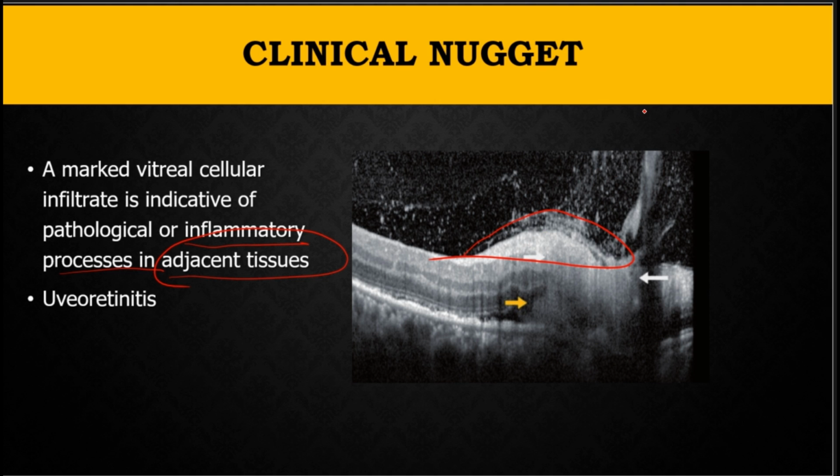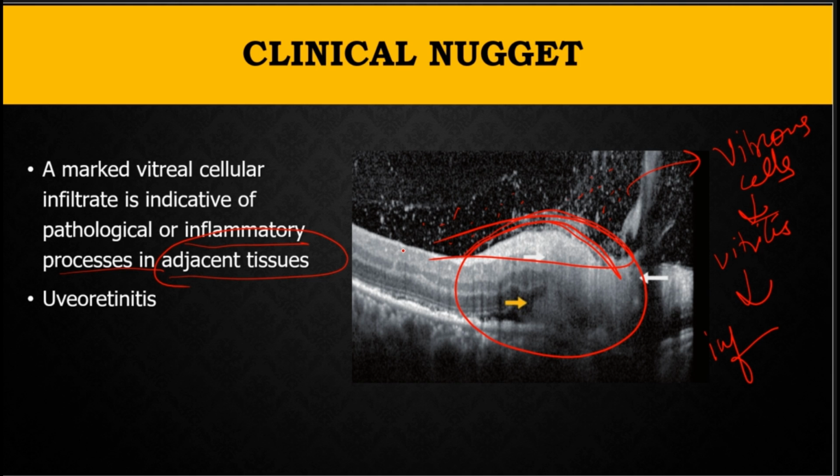For example, over here you can see these numerous dots in the posterior vitreous cavity. That is nothing but the numerous vitreous cells, indicating that there is a component of vitritis, or a component of inflammatory cells. You can also see this bump over here, indicating that you're dealing with some uveitis condition, and because of that, the inflammatory cells have spilled inside the vitreous cavity, and that is what you're seeing on your OCT.